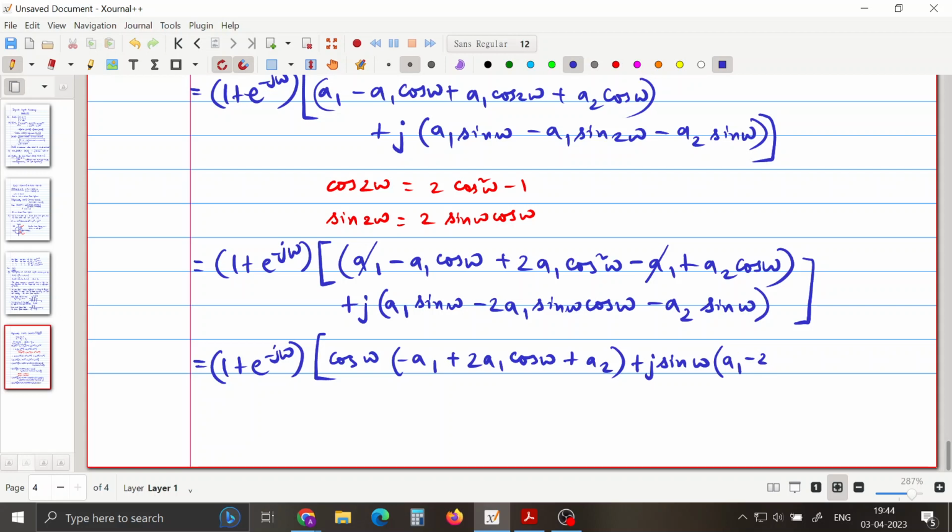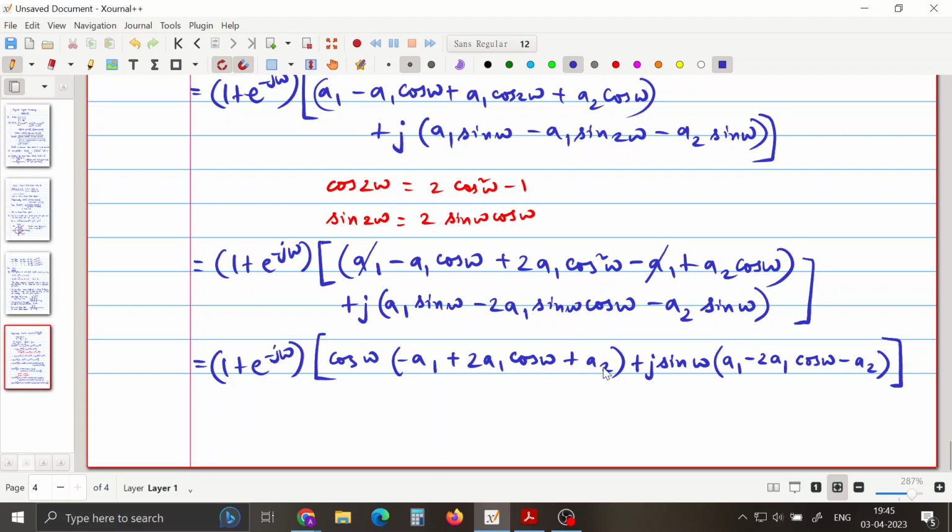Similarly, you can take j sin omega common for the imaginary part, and yes, you should get something like this. Okay, now you see these two factors here.